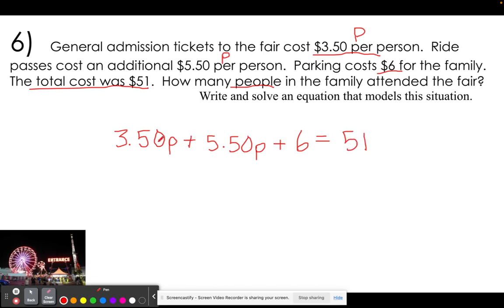Now I'm going to start by combining these like terms. $3.50 plus $5.50 is $9 per person. I'm going to drop the decimal now just to make it cleaner. Plus 6 for parking will equal my $51. I'm going to draw my lines down now.